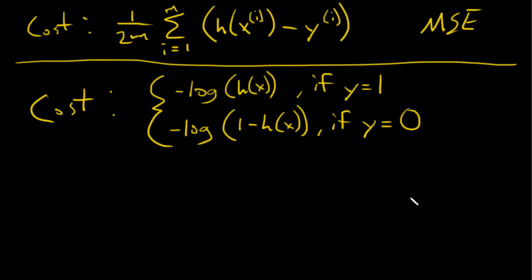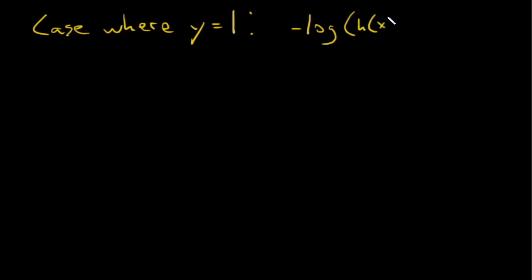Okay, let me clear this. Now, first one, we're going to do the case where y equals 1. We said that would be the negative log of h of x. Now what does that look like as far as a graph?